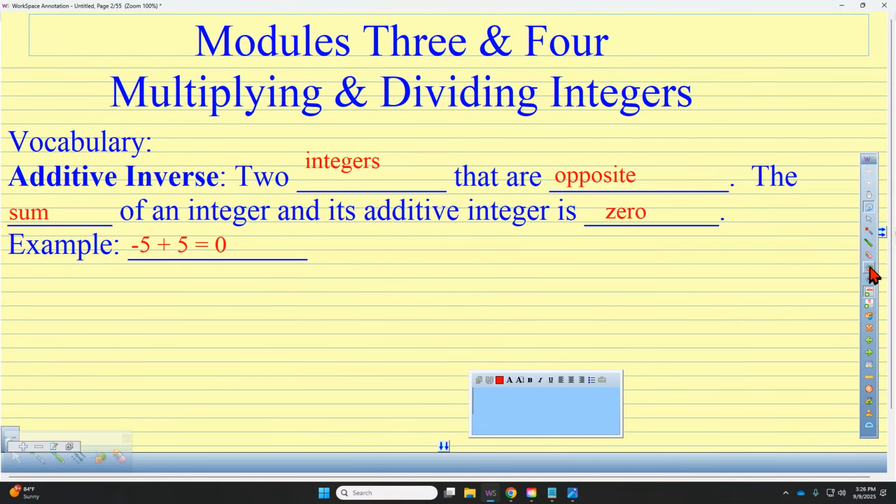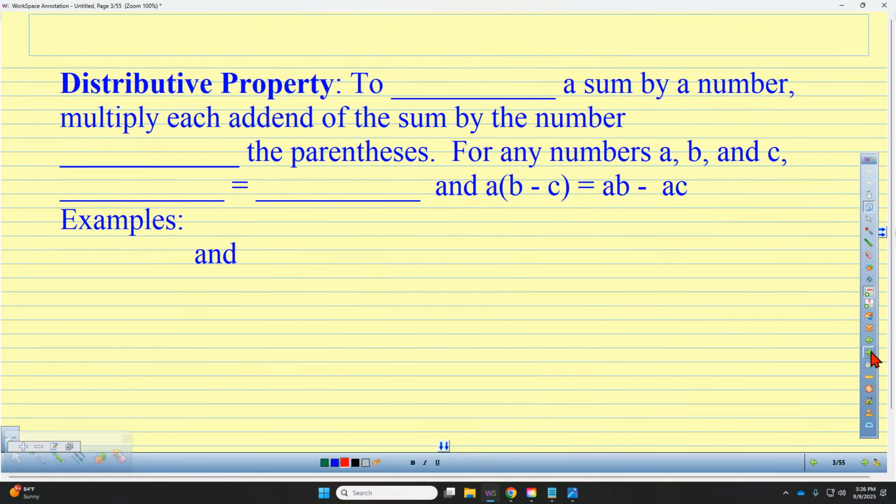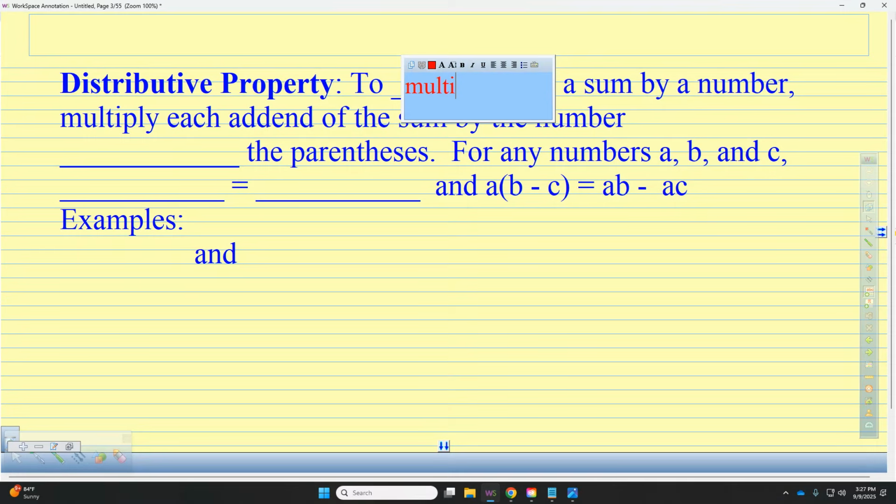Our next definition would be the distributive property, and this is one you're going to see a lot of in math, so you really do kind of need to get this one down. Maybe not right now, but it is something you'll see a lot of. Distributive property basically says to multiply a sum by a number, multiply each of the addends.